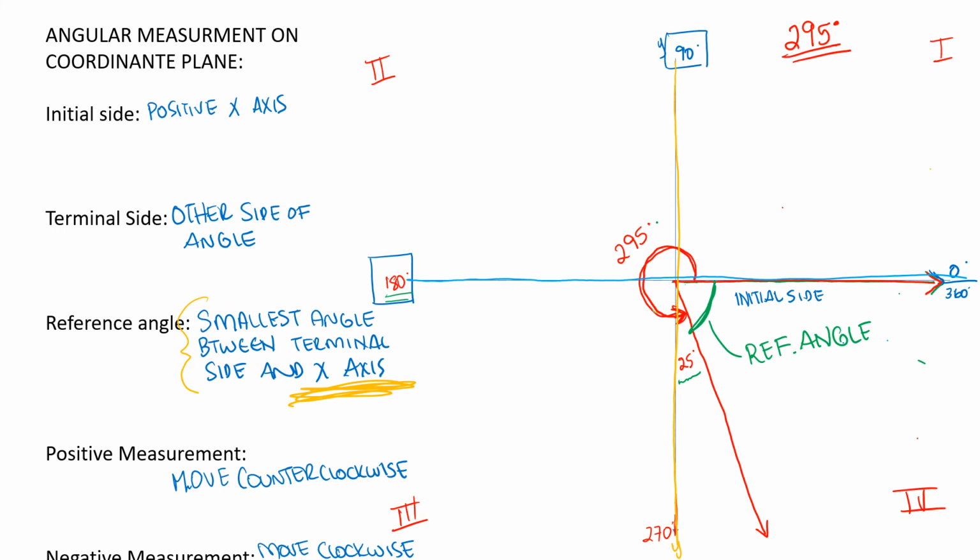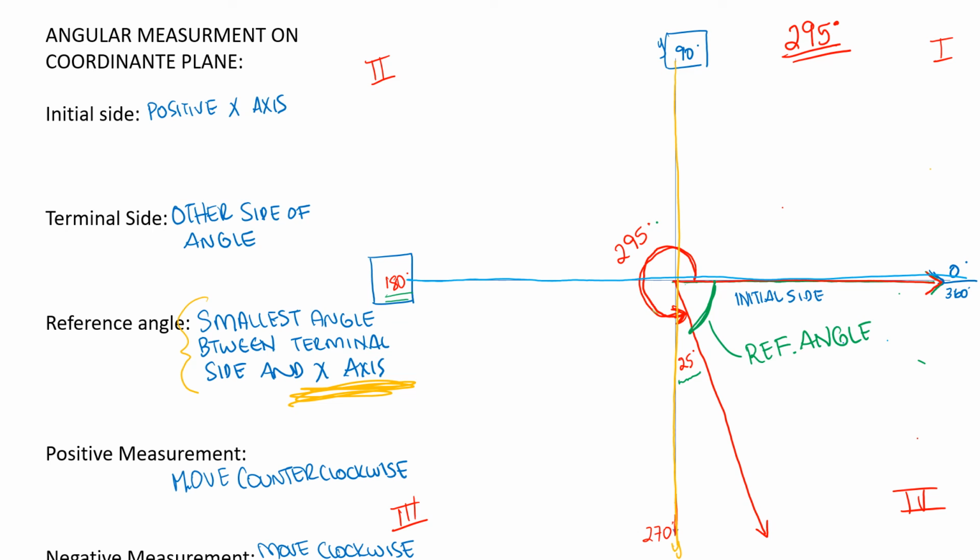One way to do it would be to say, all right, you're 30 degrees past 180, so do 180 plus 30, and you get 210. That was a little goofy. 180 plus 30 is indeed 210. So 210 degrees has a reference angle of 30.